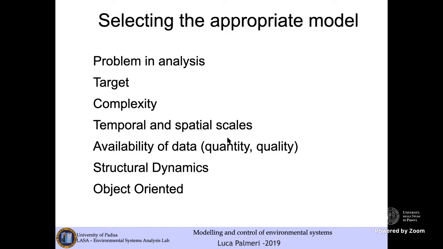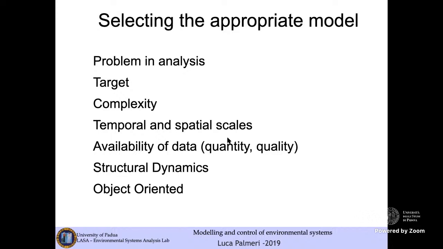So, for example, if I want to describe the effect of invasive species in an ecosystem, I shall select a structural dynamics model, so a model that has the opportunity of changing its structure in terms of including or excluding a new actor in the plot, a new subject that may be significant in the description of the system, or the description of my target.